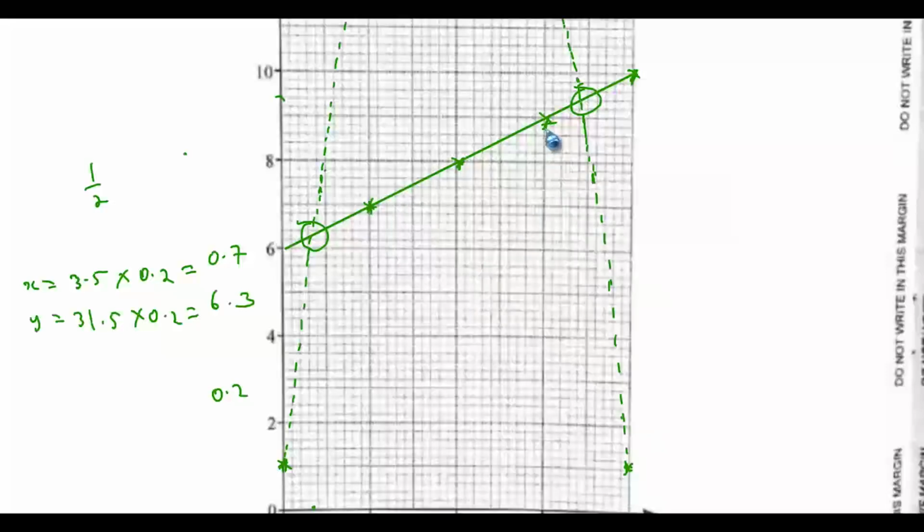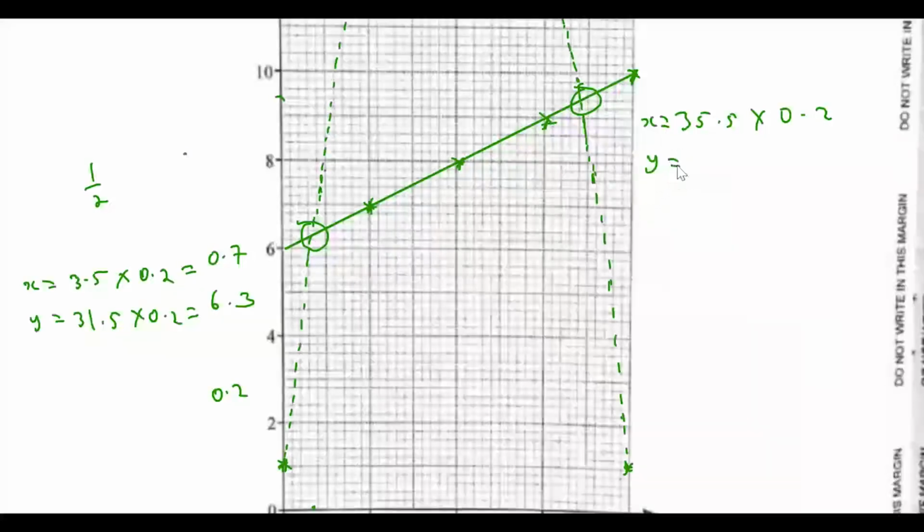That is 30 lines. Then 35, 35.5, that's the middle. So 35.5 multiplied by 0.2 will be the value of x.